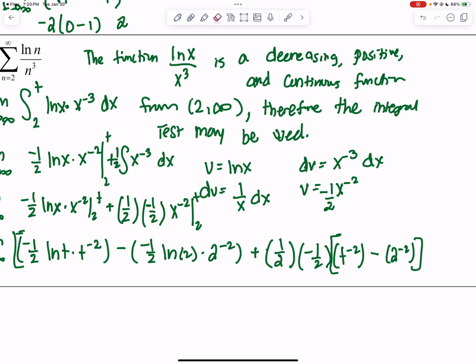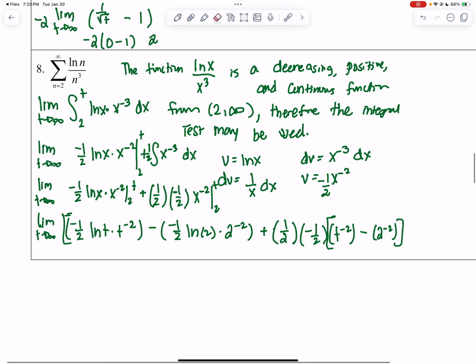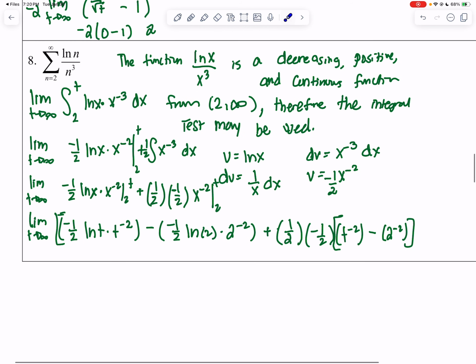You might be thinking, oh my gosh, this is really messy. Yeah, it's pretty messy. However, stuff is going to cancel out easily. Like this one right here, we have negative 1/2 ln of t times t to the negative 2. T to the negative 2 can be rewritten as this whole thing over t.